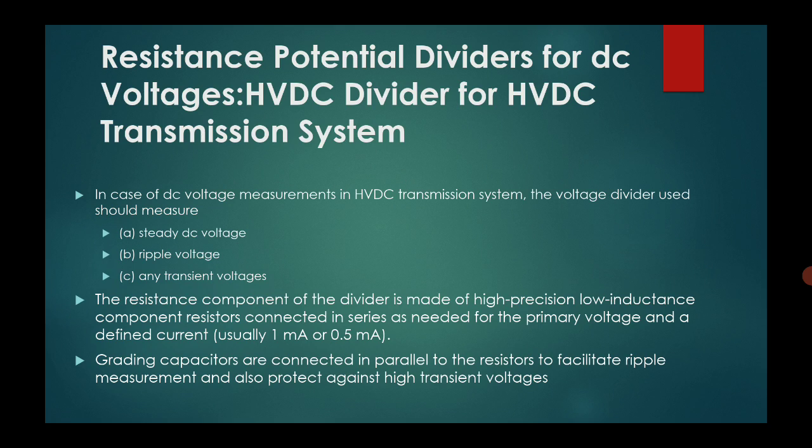The resistance component of the divider is made of high precision low inductance component resistors connected in series as needed for the primary voltage and defined current, usually 1 milliampere to 0.5 milliamperes. Grading capacitors are connected in parallel to the resistors to facilitate ripple measurement and also protect against high transient voltages.